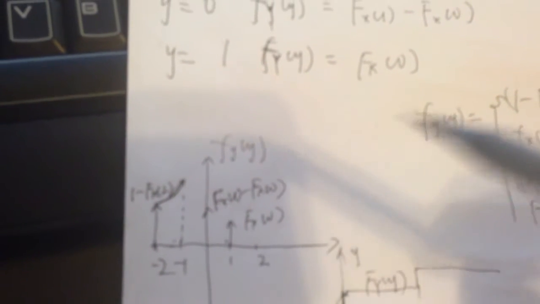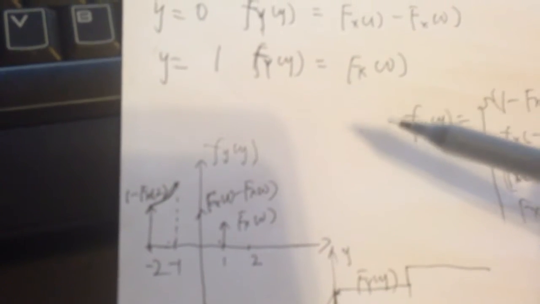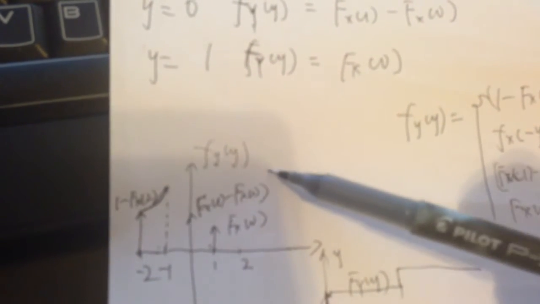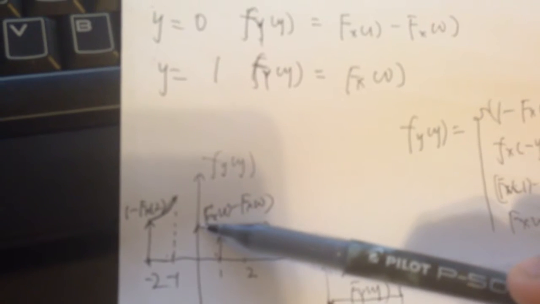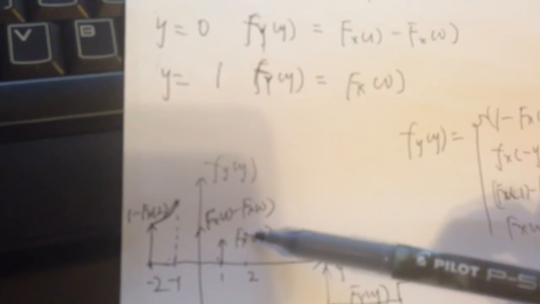And when y is 0, the fy of y is fx1 minus fx0, so here is the value, and when y is 1, the value is fx0.